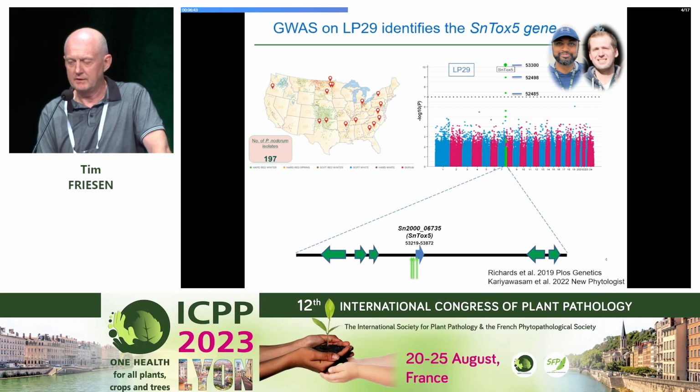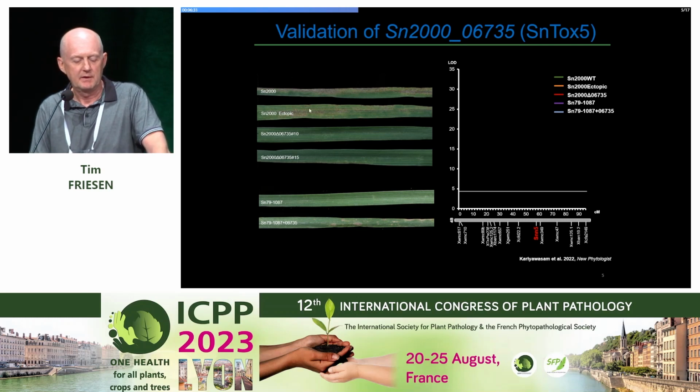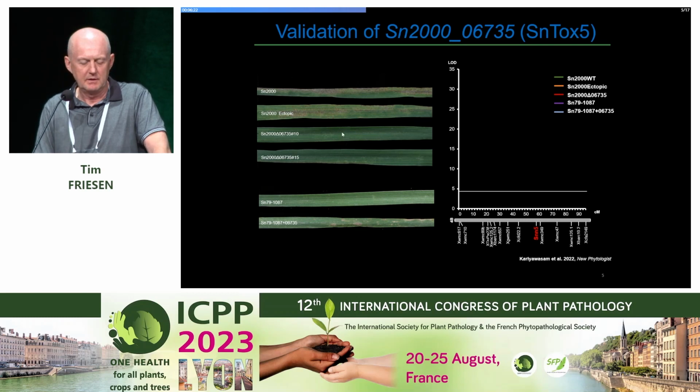From there, we looked at that gene. We started by knocking the gene out. At the top, we have SN2000, the wild type isolate that has TOX5. We have an ectopic transformant here, and both of these have nice disease. When we knock this gene out, we lose the ability to produce necrosis.